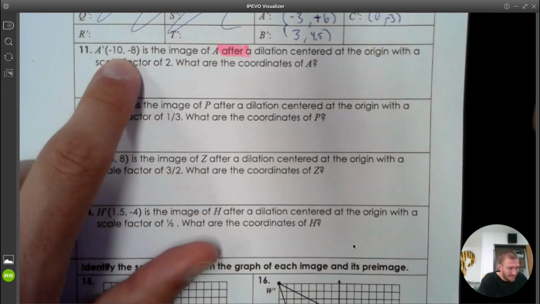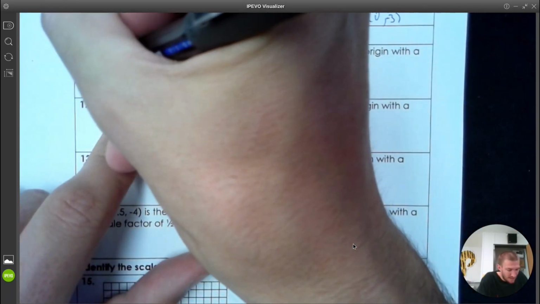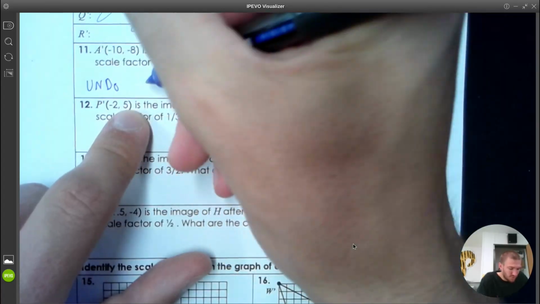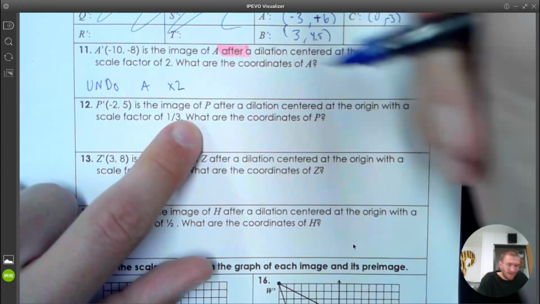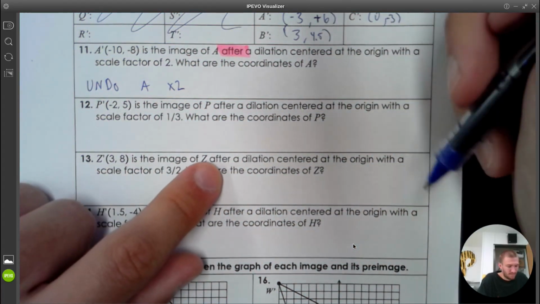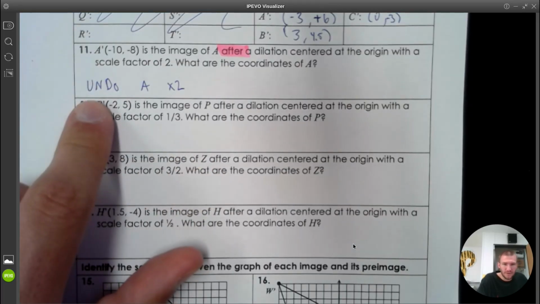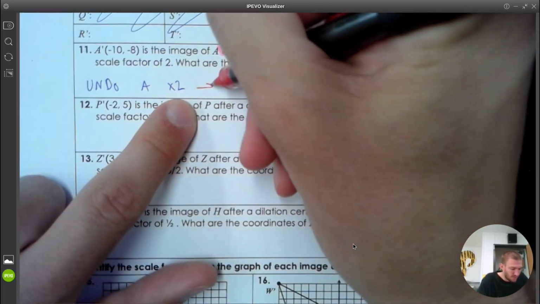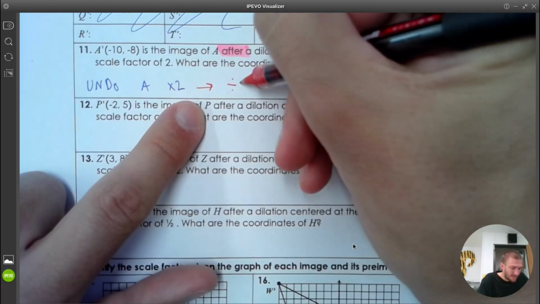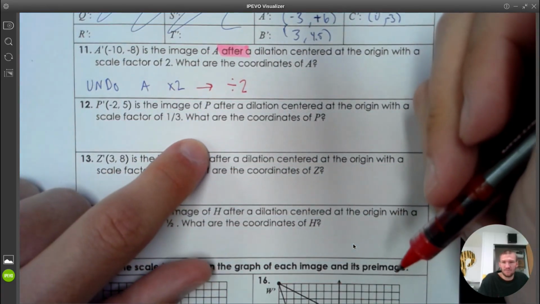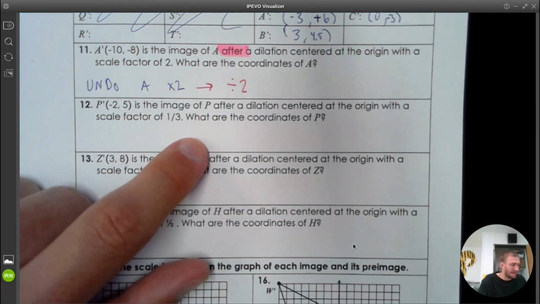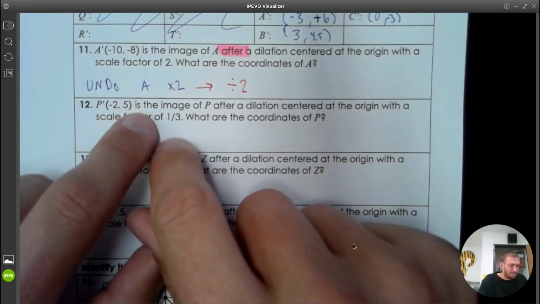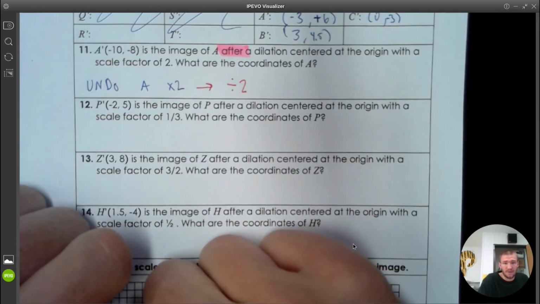And so we want to take these numbers and we want to undo a times 2. Now, if you want to undo a times 2, that means we're going to need to divide by 2. Now, I got to be honest, guys, this is a pretty simple concept, okay?